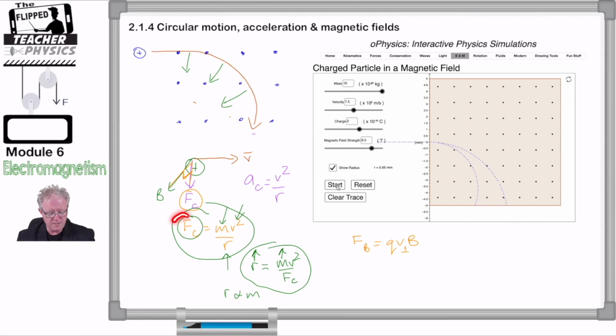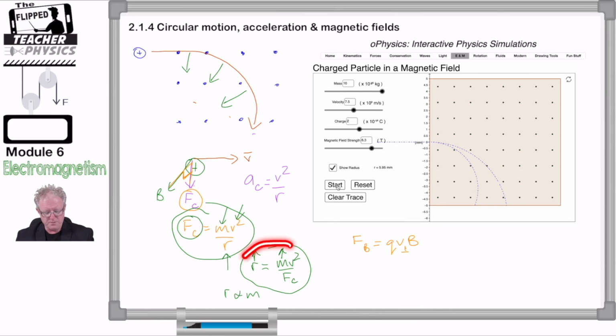However, if I keep Fc the same number, let's say 100, and I increase the mass, I cannot increase the radius here, because if I increase the numerator and the denominator with velocity staying the same, then that Fc value is going to go up. We can't have that. So if the mass increases, the radius has to decrease. Okay, it's an inverse relationship if we're keeping the force the same.